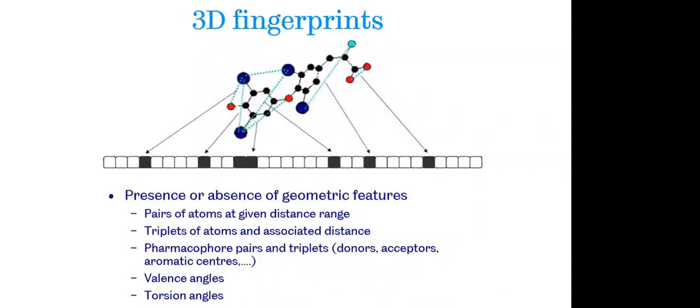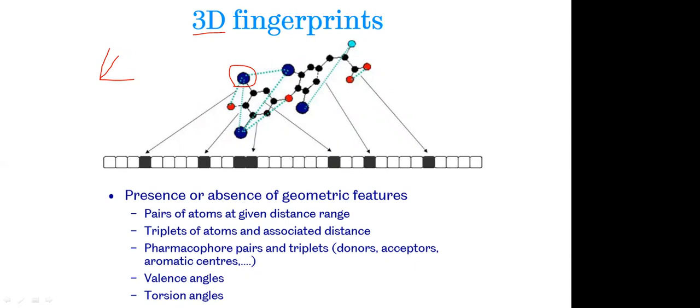And the 3D fingerprinting method. As we previously discussed the 2D fingerprinting method, there only the two-dimensional structure is considered for defining the presence and absence of the fragment moieties in the molecule. But in 3D fingerprinting, we study the presence considering both the XY dimension and the Z dimension, the presence of that molecule in that position.